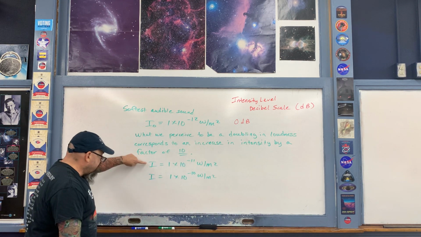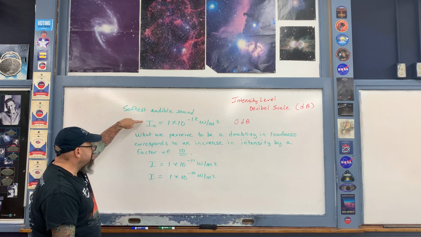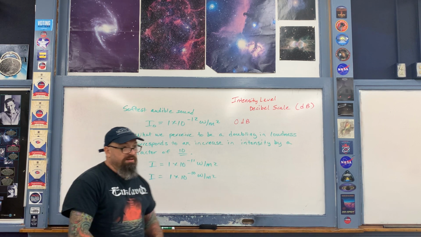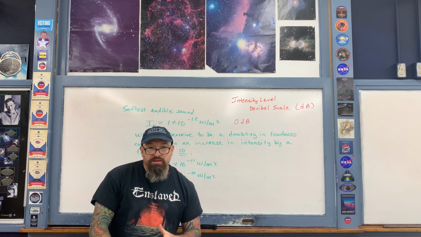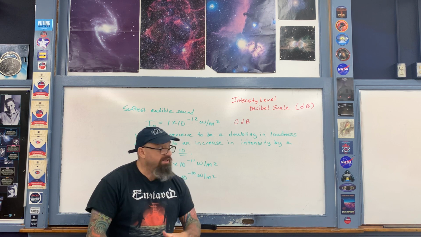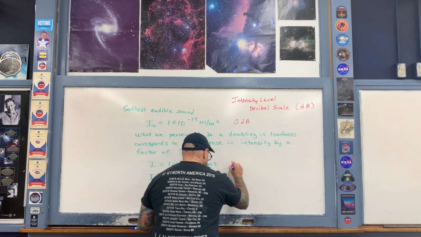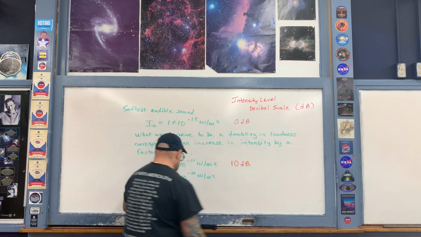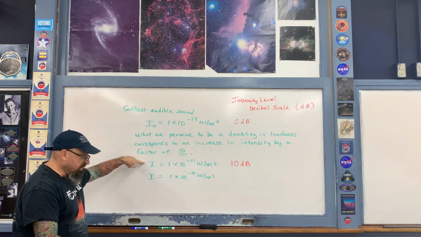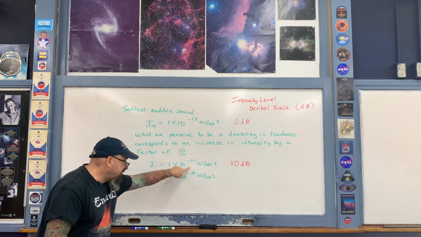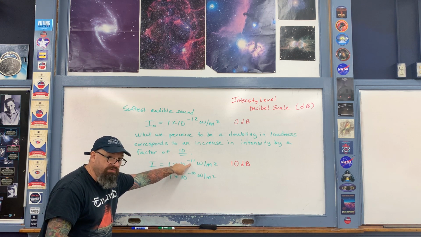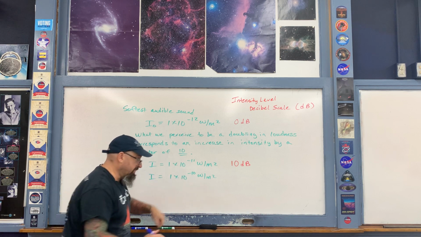And then if we have a sound that is 10 times as intense as this value, and is then therefore twice as loud, this corresponds to an increase in the intensity level by 10 decibels. So in other words, the intensity level of this sound is 10 decibels. This sound here is 10 times as intense as this value. That corresponds to 20 decibels.